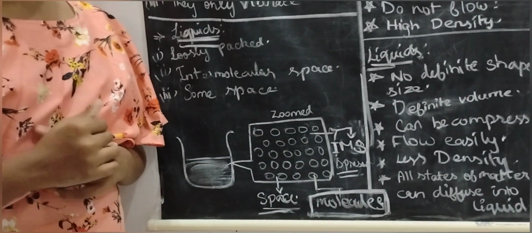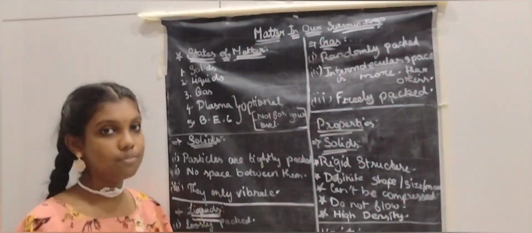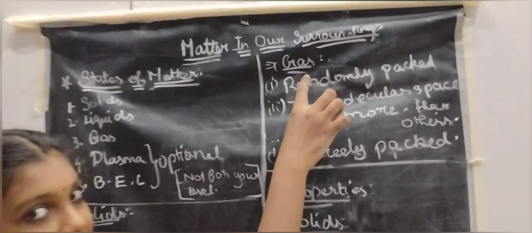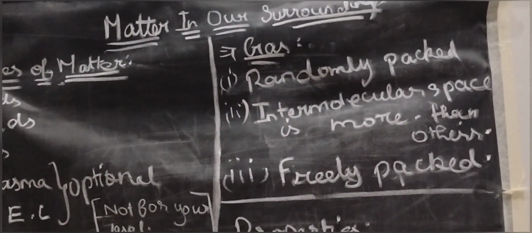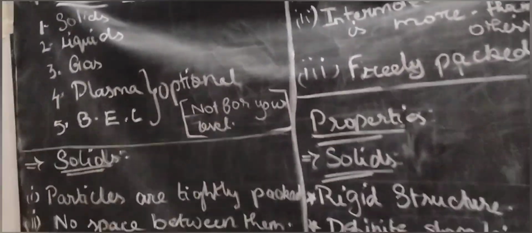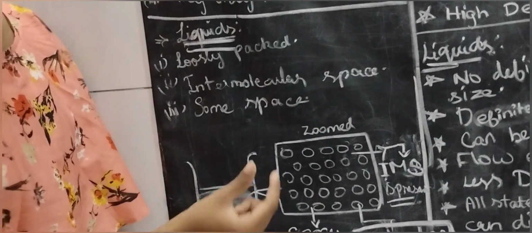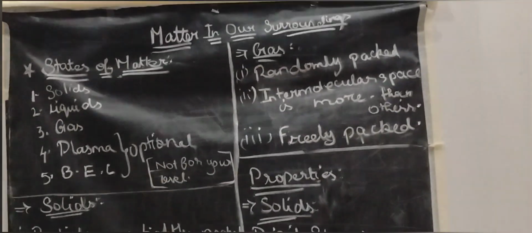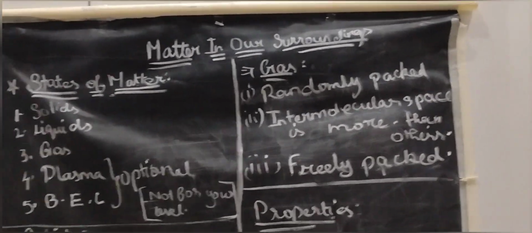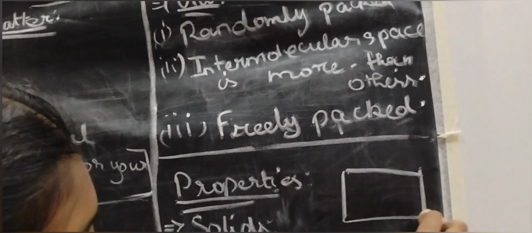So let's go to the next state of matter, the last state of matter according to your textbook, which is gas. So gas is randomly packed. It is not like liquids present here. If you see, liquids have some space but they are not randomly packed. They are orderly packed. But gas is randomly packed. For example, this is the zoomed version.